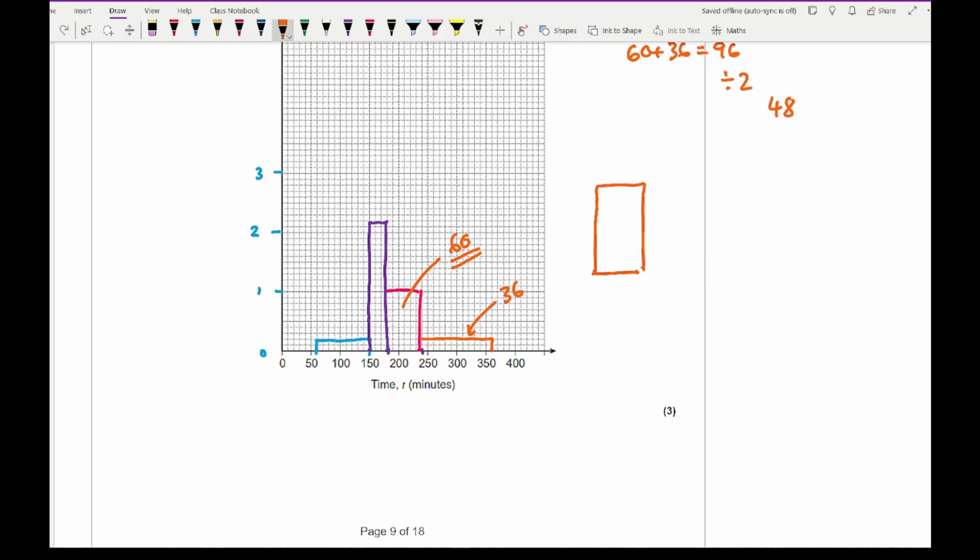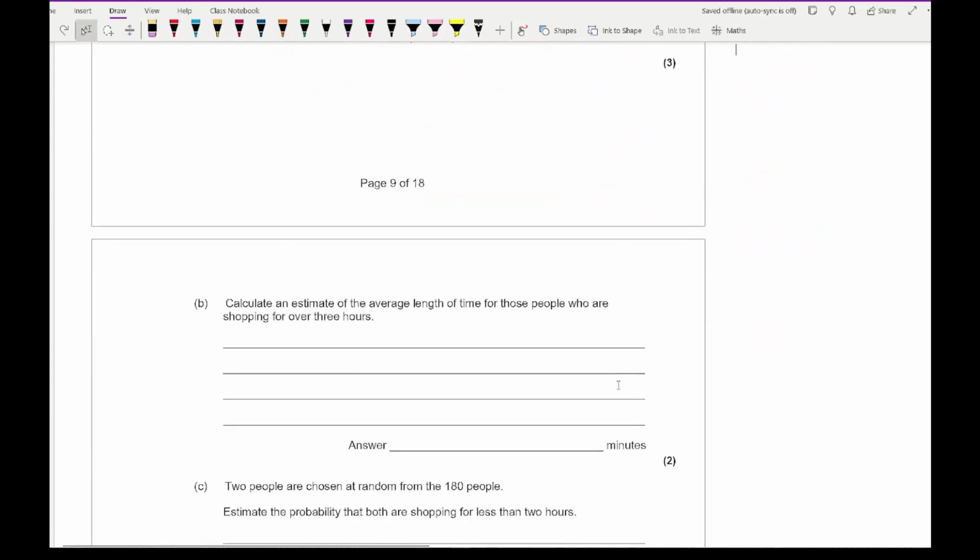So I know that the area of this bar here is 48, and I know that the height is 1, but I don't know what the class width is. So the class width there is going to be 48 divided by 1, which is 48. So if I then do 180 plus 48, I'm going to get 228 minutes, and there is my average.